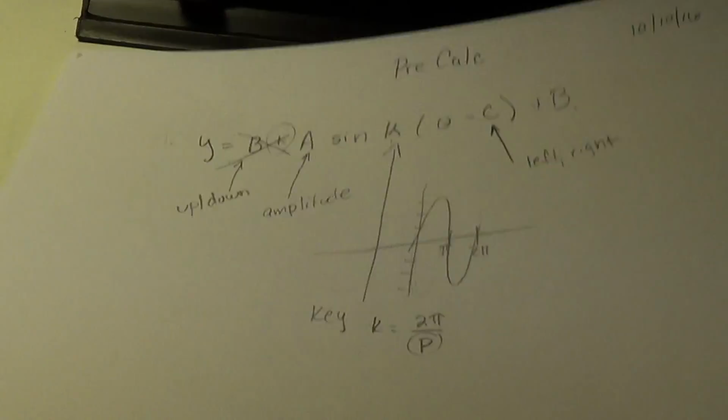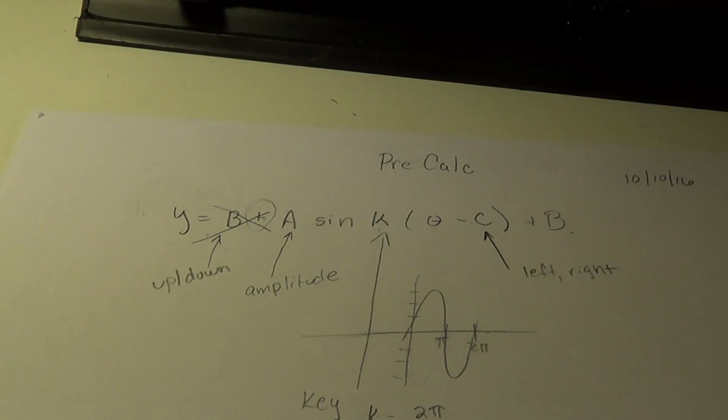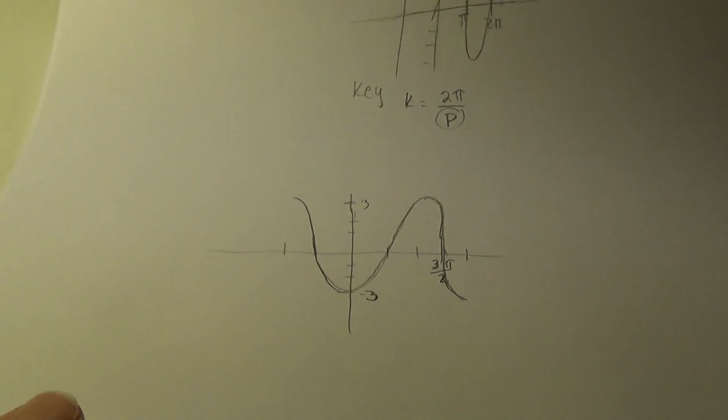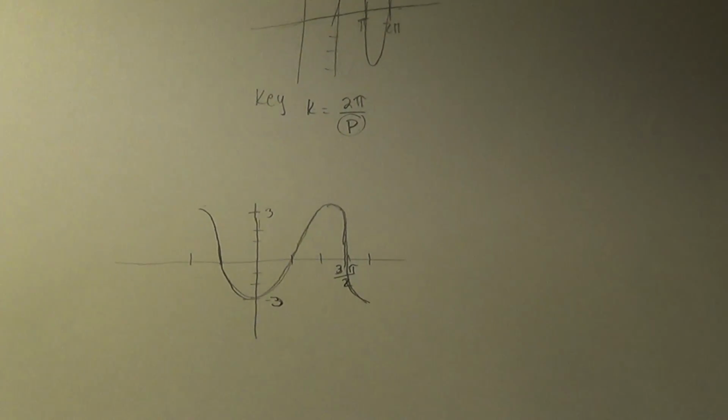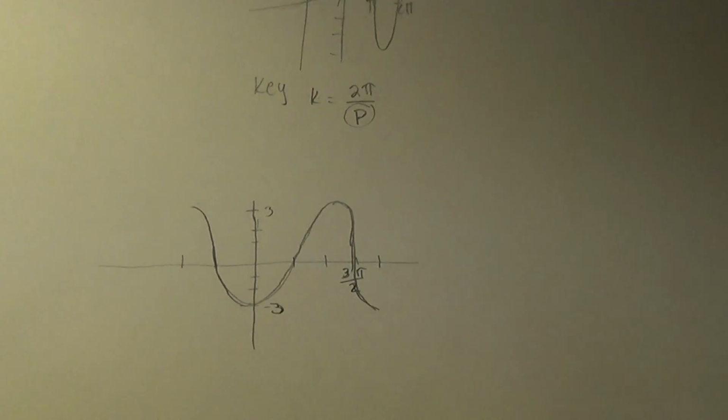So you'll be given expressions with numbers in these various places, and you'll be asked to graph them. Then the other direction, you might be given a curve like this, and you're asked to find the equation of it.